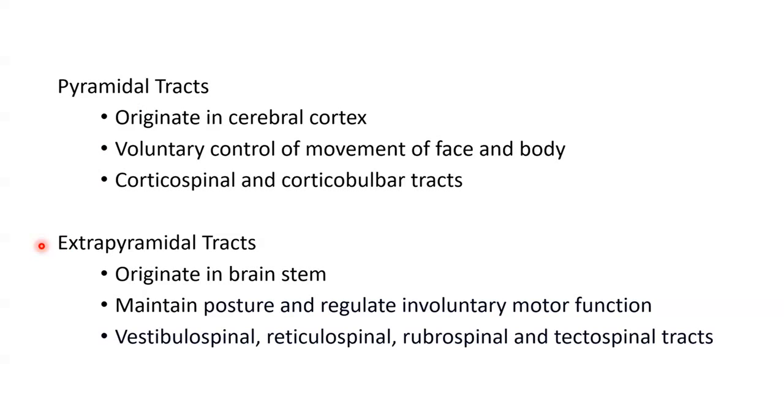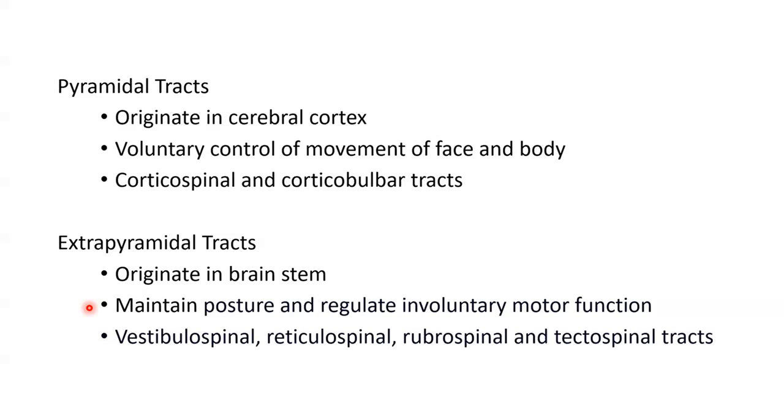Our extrapyramidal tracts originate in the brainstem, so further down in the brain, and they carry motor fibres to the spinal cord. Here, they're important for our involuntary and automatic control of muscle. So things like controlling muscle tone, balance, posture, and some parts of locomotion.